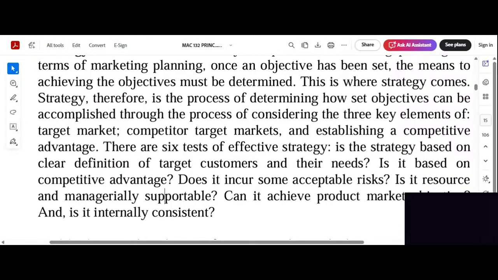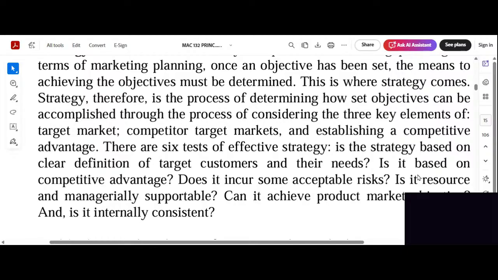Okay, this product is for secondary school students, and for secondary school students, this is what they will likely need from this kind of product. So your strategy must clearly define such terms. That is the first thing your strategy must answer.